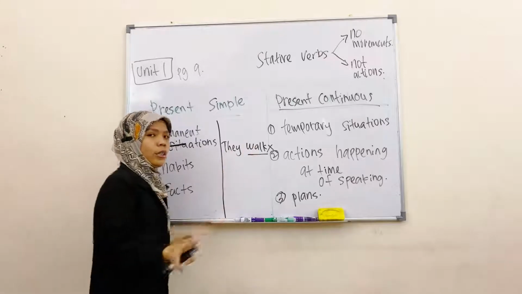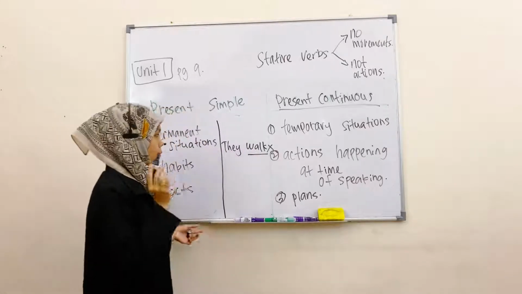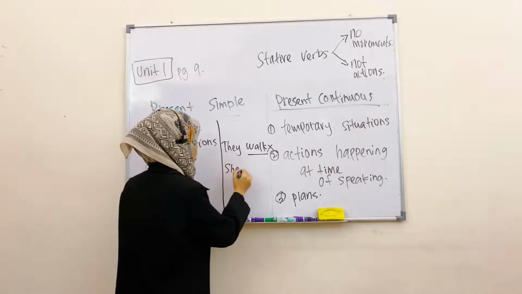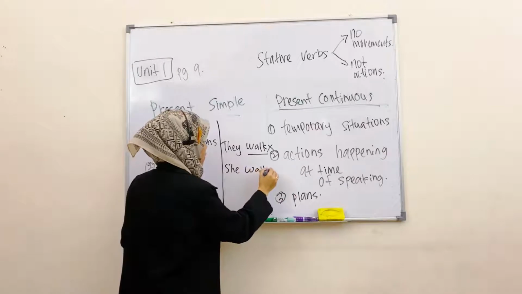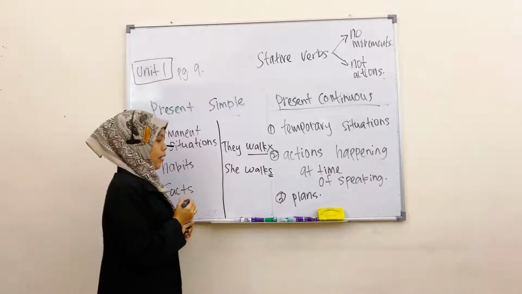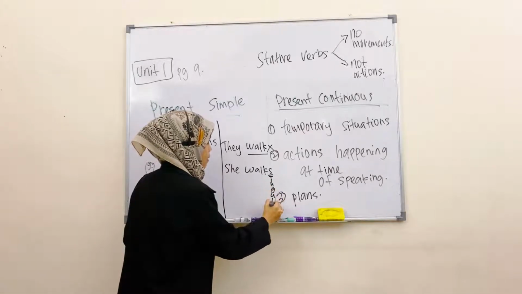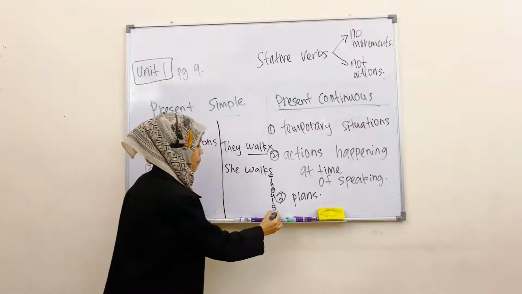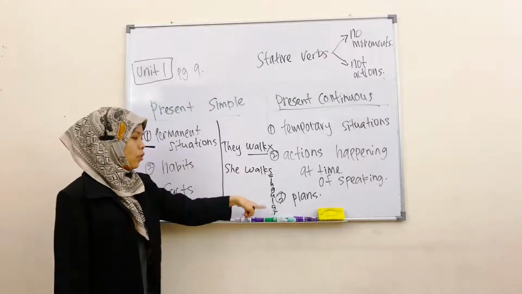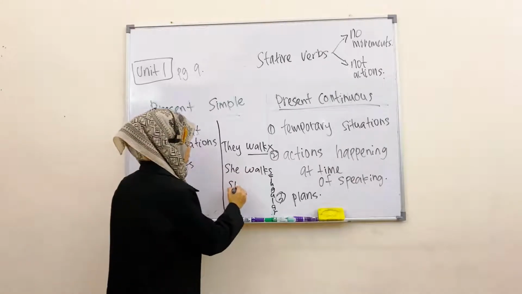Just leave it as the root word or base word. For a singular subject, she walks. This one you need to put S, because it is singular. Easy to remember: she walks, singular. She eats, singular.